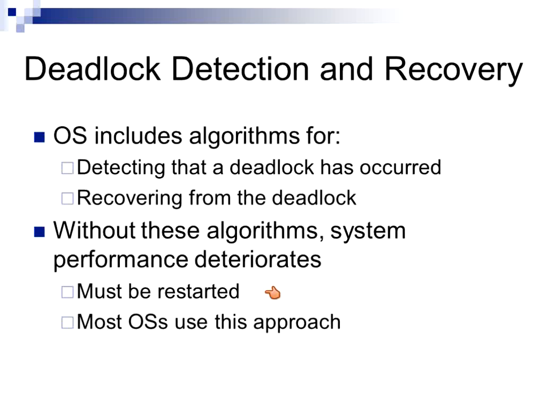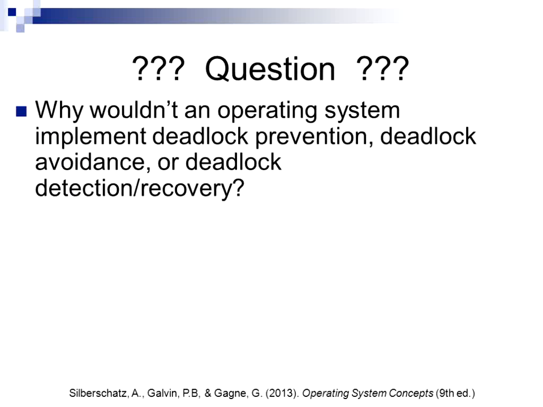Your performance is really bad because no one is being allocated resources. Eventually, your system locks up and has to be restarted. Unfortunately, most operating systems use this approach. They don't have deadlock prevention, they don't have deadlock avoidance, they don't have deadlock detection and recovery. What happens is that deadlocks just occur, your system performance deteriorates, and eventually the processes or the system might crash.